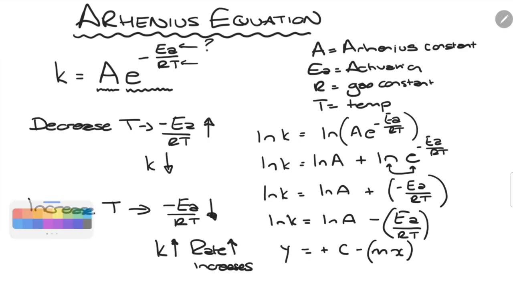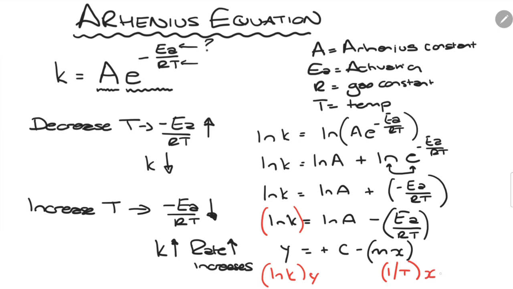And we do that by plotting a graph of ln k versus 1 over T. So we would put ln k on the y-axis and we'd place 1 over T on the x-axis.